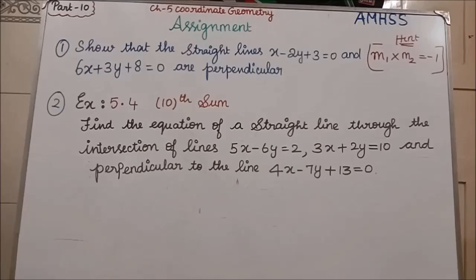Parallel means in that 9th question we applied slope m1 equal to slope m2. But here your assignment problem is perpendicular, so what formula will you apply? m1 into m2 is equal to −1. That formula you are going to apply. Clear students? Students, with this part 10 video we are completing chapter 5, coordinate geometry.